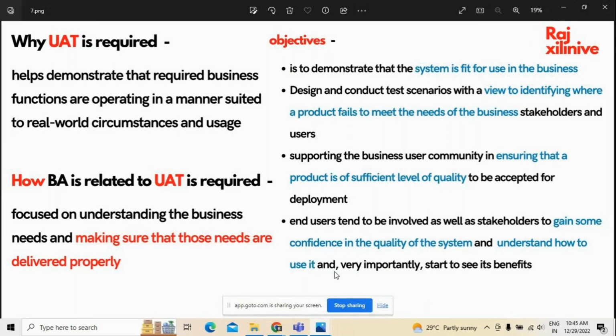The other objective is to gain confidence in the quality of the system we are developing. At the same time, we need to understand how this is used, importantly from the perspective of the stakeholders. So these are the objectives that the business analyst team as well as the other team members should ensure when they are performing user acceptance testing.